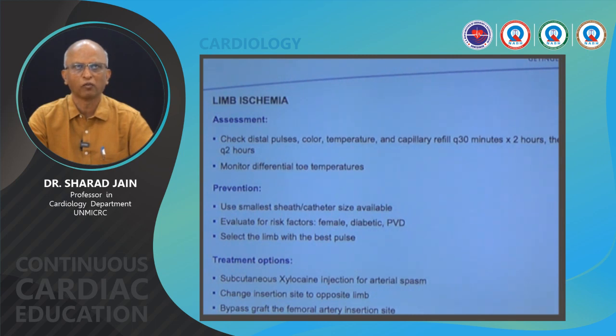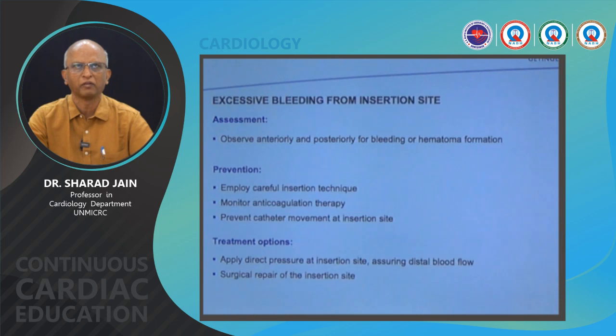Evaluate for risk factors; it is more common in females, diabetics and patients already having peripheral vascular disease. Select the limb with the best pulse possible. Then what are the treatment options if it occurs? Subcutaneous xylocaine injection if there is just spasm. Change the insertion site to the opposite limb if required, and bypass the femoral artery if there is a blockage of the femoral artery because of the IABP.